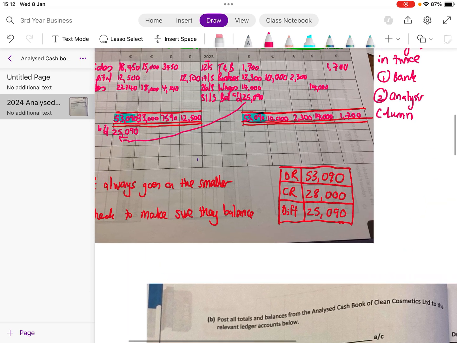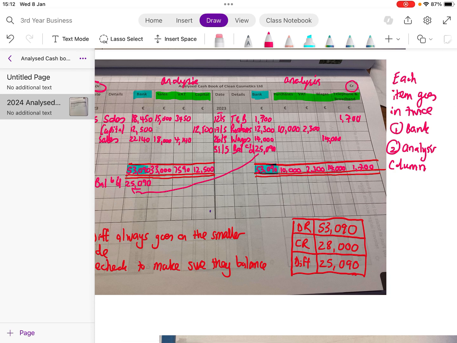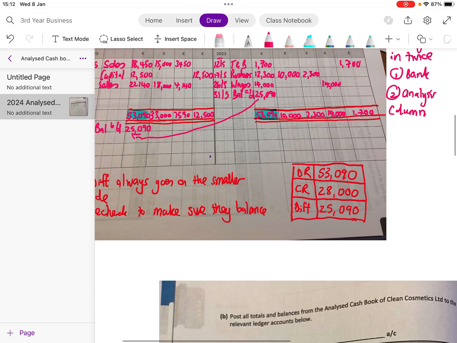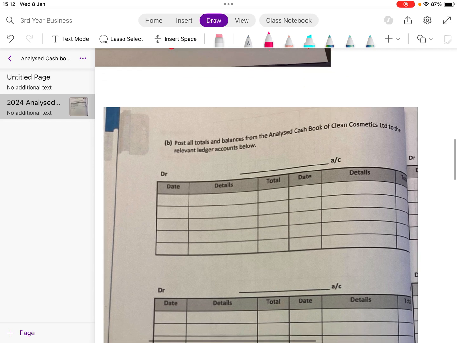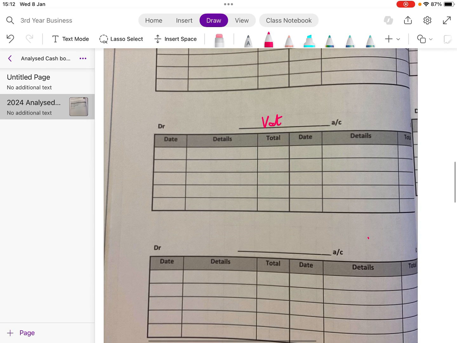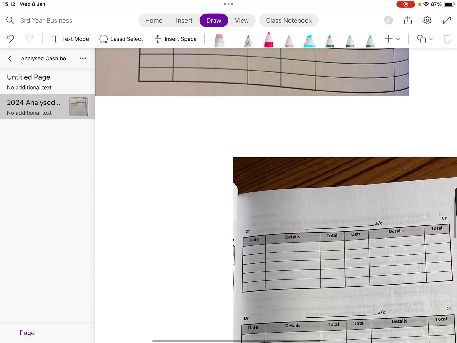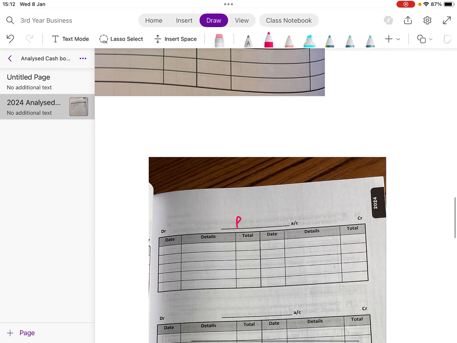So if I come up here and I'm focusing on my green, because we said it's the analysis columns I'm looking at, I'm actually just going to label my accounts. I'm going to have a sales account, I'm going to have a VAT account, and then the next one was capital. After that it was purchases.